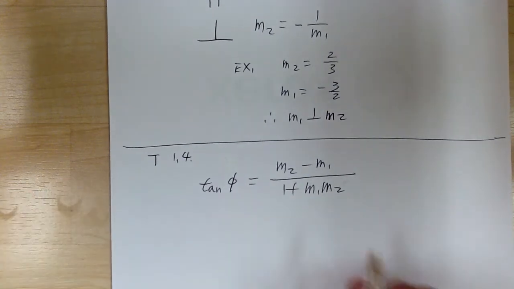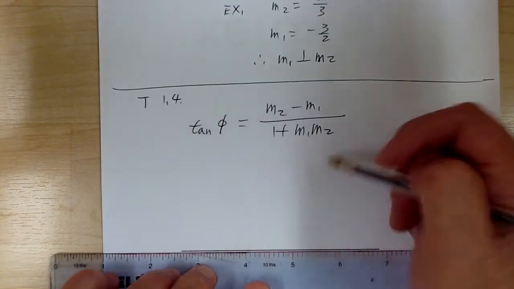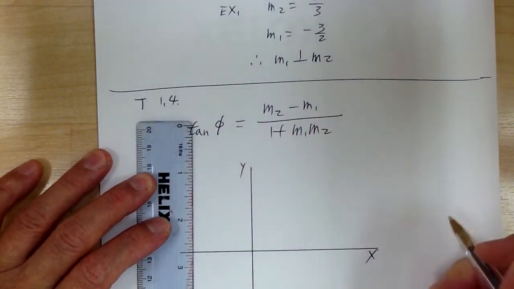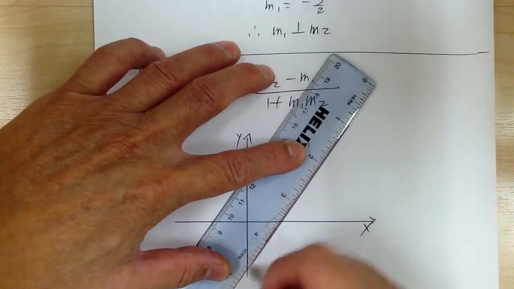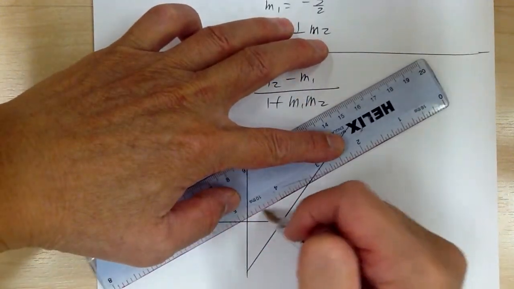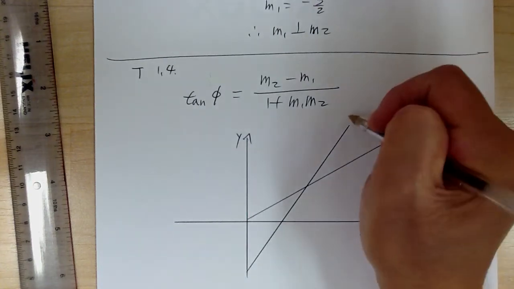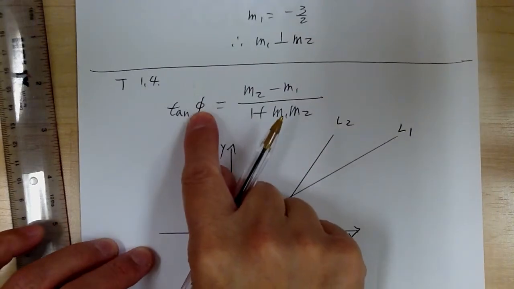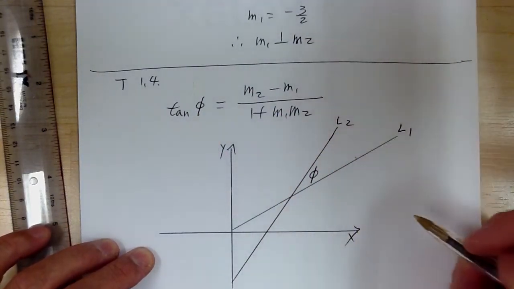Okay. So what this is for is, let's say you have your x-axis, y-axis, right? And you have two lines. Let's say you have one line over here and you have another line going like this. I'm going to call this L1, this is L2, so line 1, line 2. The angle phi is the angle between the two lines.